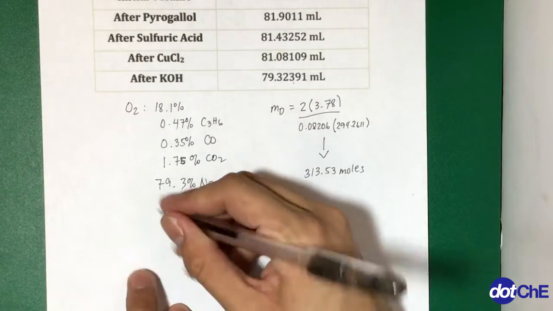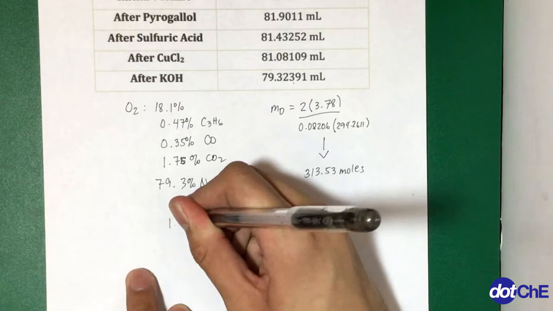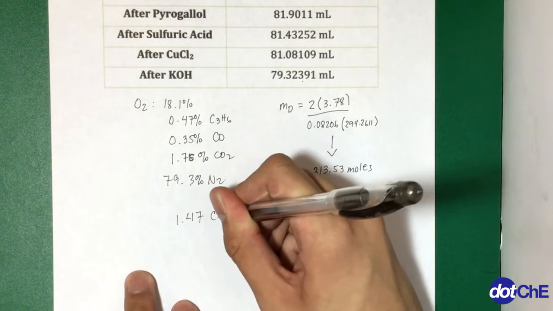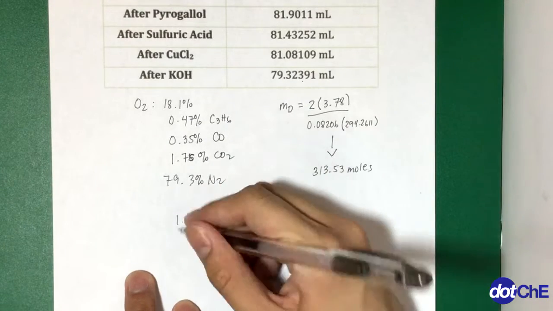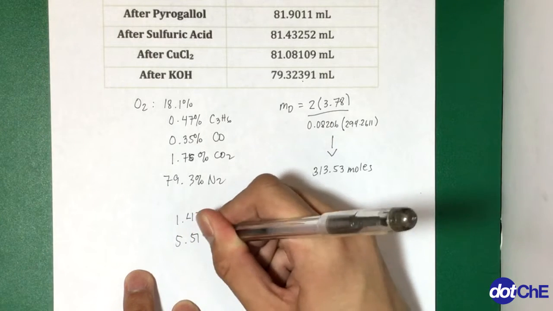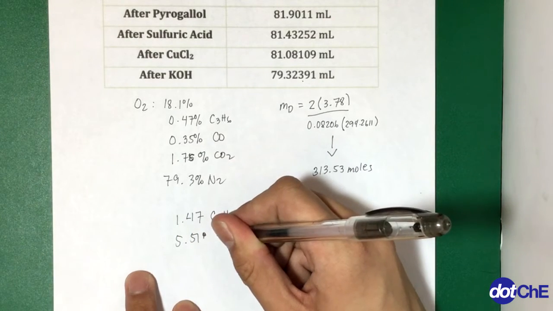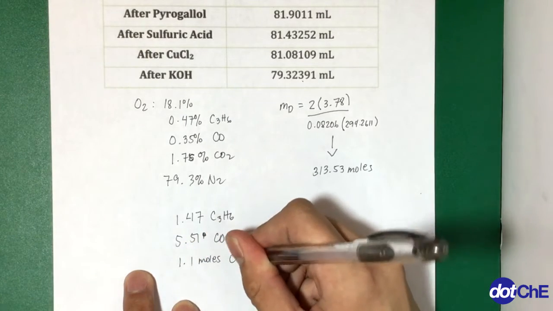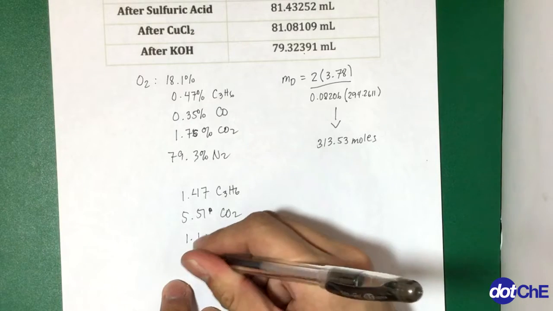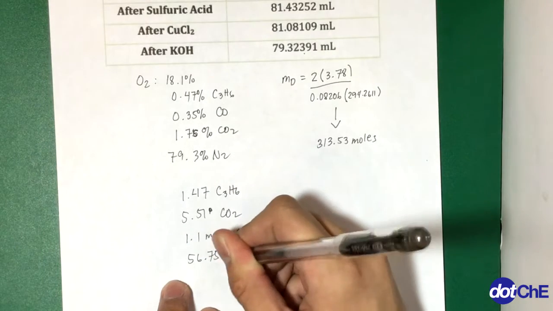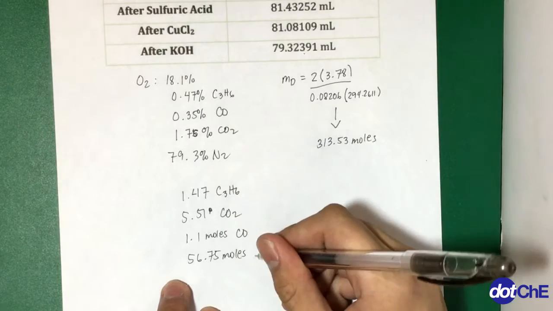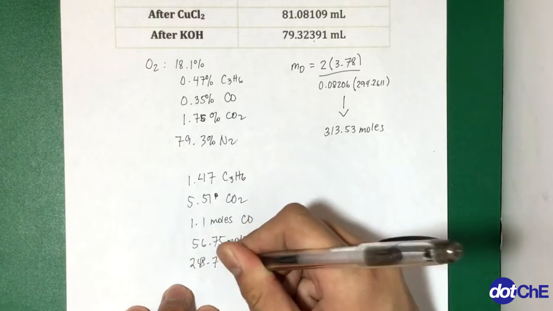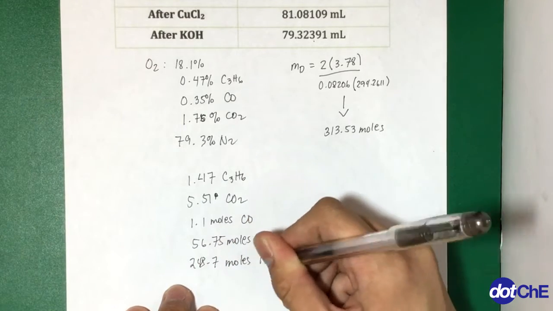Now we could change this into moles so that we know that there is approximately 1.47 moles of C3H6, 5.51 moles of CO2, 1.1 moles of CO. Then you have 56.75 moles of O2, and you have 248.7 moles of N2.